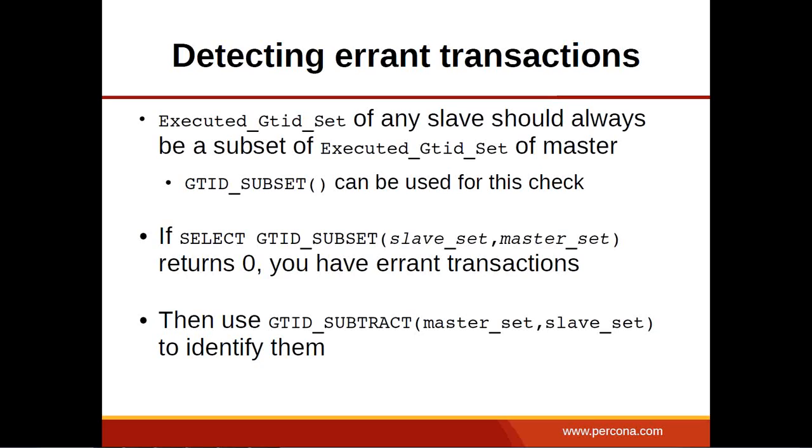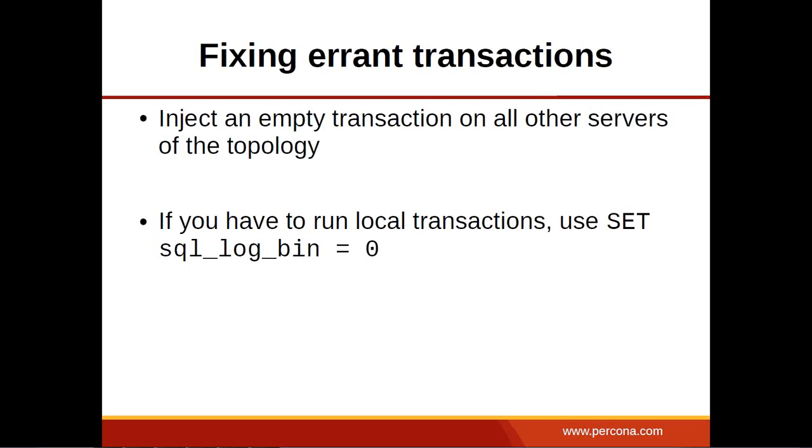Okay, last thing: when we have detected an errant transaction, how do we fix it? Well, the easiest way is to inject an empty transaction, so to skip the transaction, on all servers of the topology.